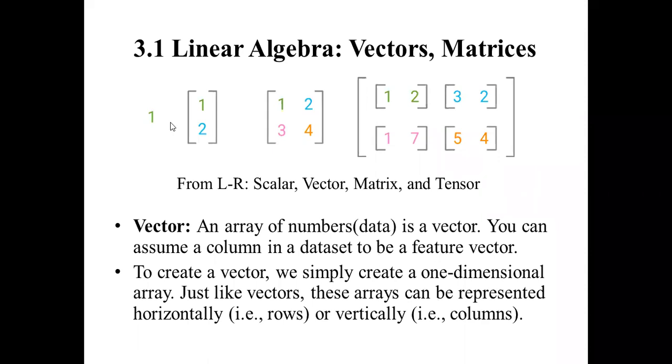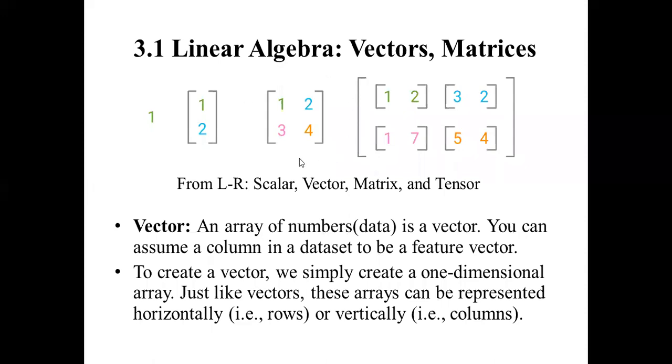Then next, a matrix. A matrix is multi-dimensional data, which means it represents multiple values. For example, right now this is a 2 by 2 matrix, where each column might represent a different feature, or each row might represent a different feature.